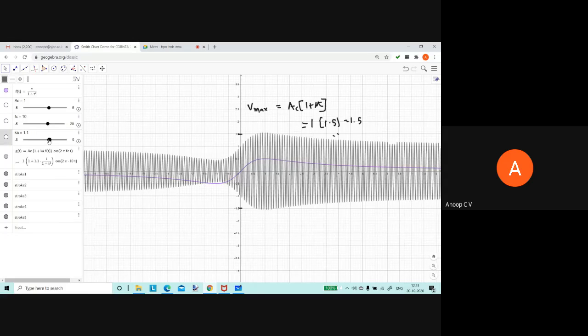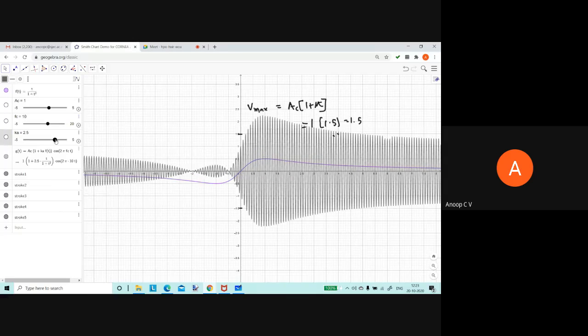If you increase Ka, you can see at some point, when Ka is equal to 2, there are some phase reversals.